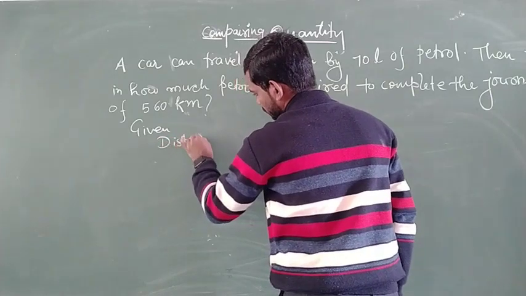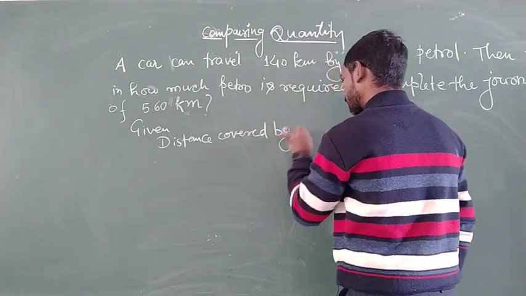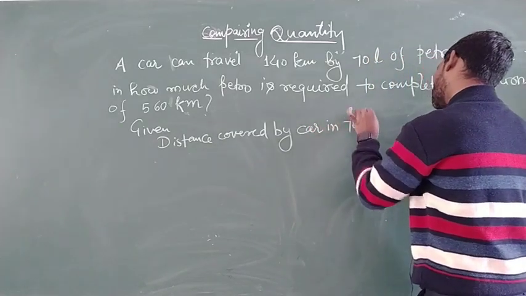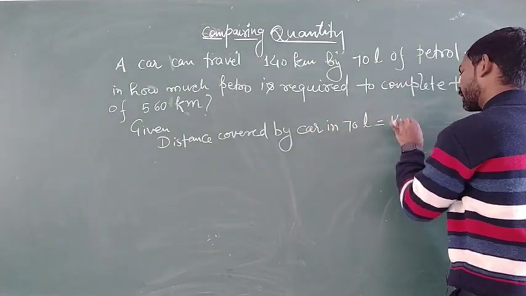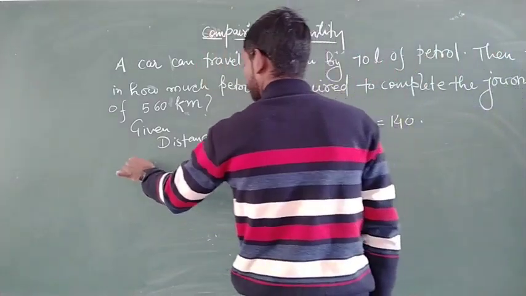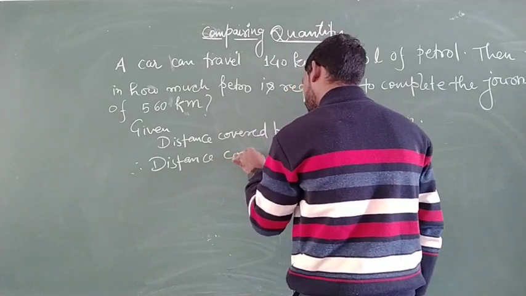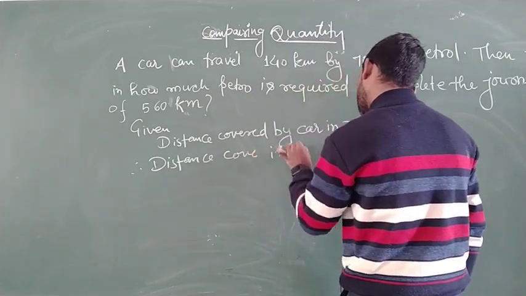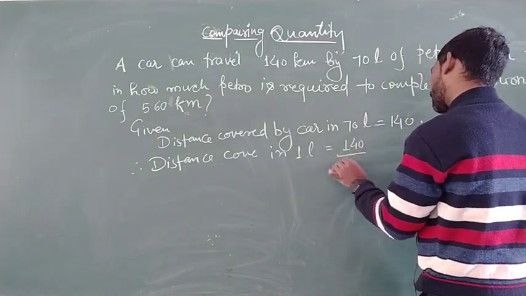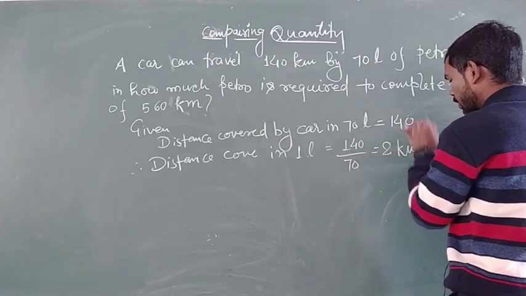So the given is: distance covered by the car in 70 liters is equal to 140 kilometers. Therefore the distance covered in 1 liter of petrol will be equal to 140 divided by 70, which is equal to 2 kilometers.